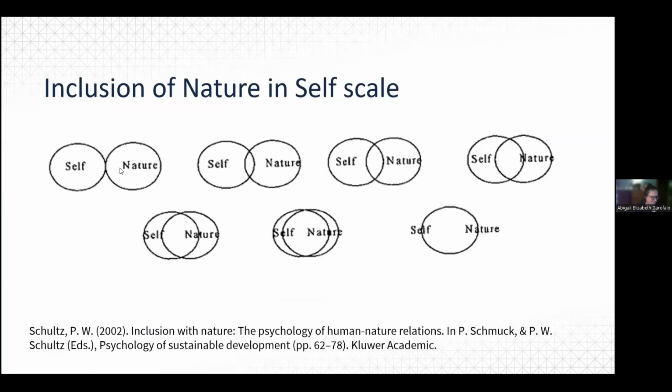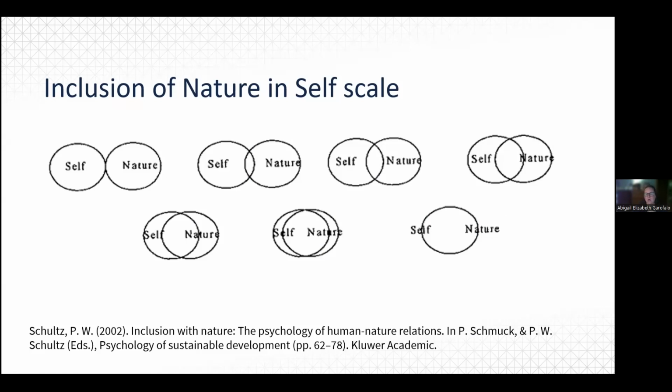So this is an assessment that we often use in environmental education and research to assess inclusion of nature in self scale. And this essentially is from a book published in 2002 that was making the argument that human behavior toward the environment depends on the degree to which an individual believes nature is within their personal sense of self.